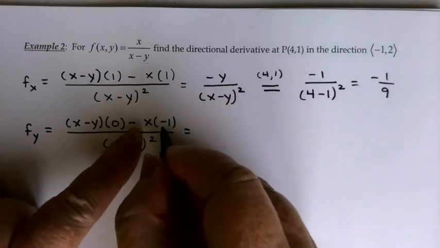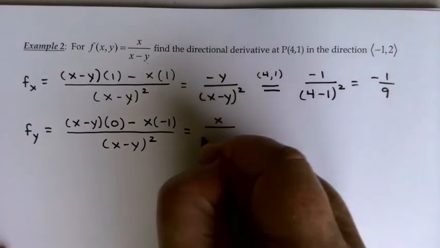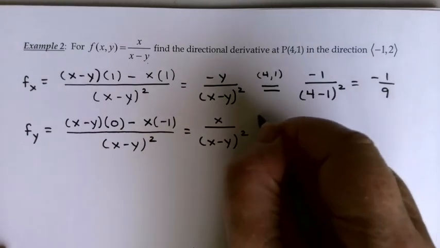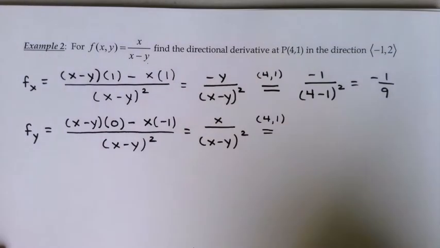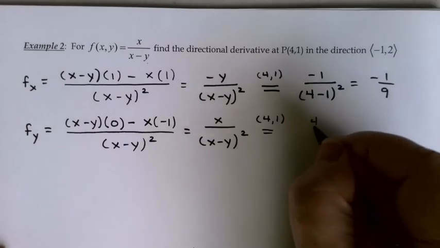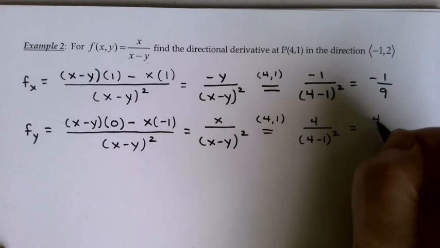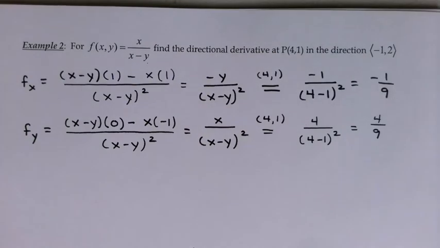That's just going to give me a positive x over x minus y squared. And again, 4, 1 is the point that we want to plug in. So I'll get 4 over 4 minus 1 squared, or 4/9.